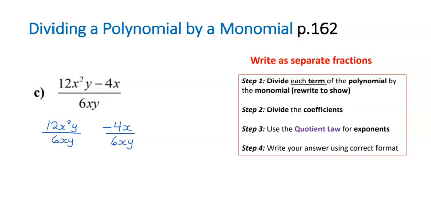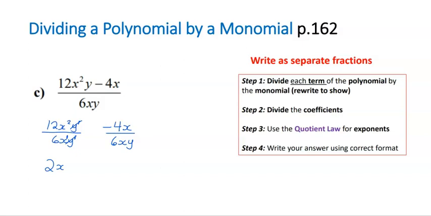For our first term, we'll divide our coefficients. 12 divided by 6 is 2. x to the 2 minus 1 is just x to the power of 1. y to the 1 minus 1 is y to the power of 0, which is just equal to 1, so that cancels. For our next term, we have negative 4 divided by 6. So what we get there is a decimal.